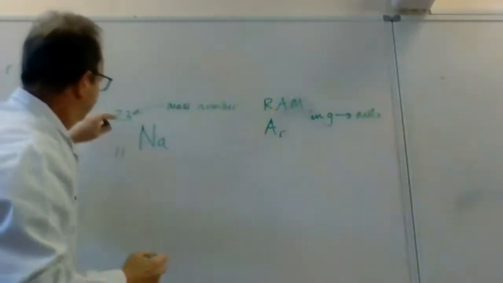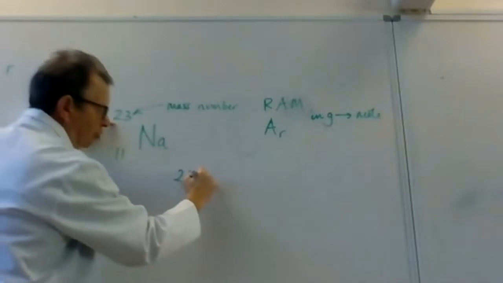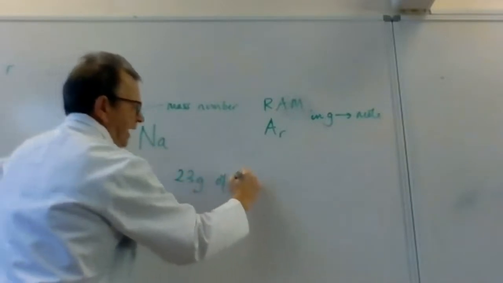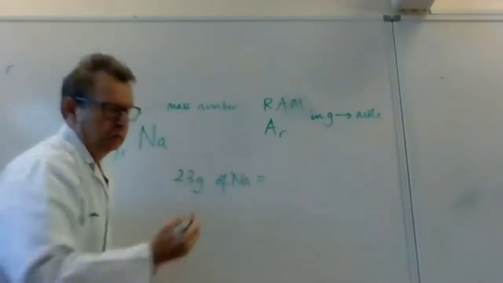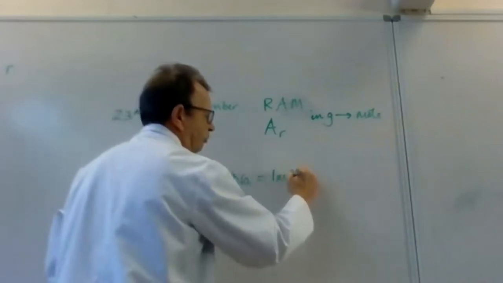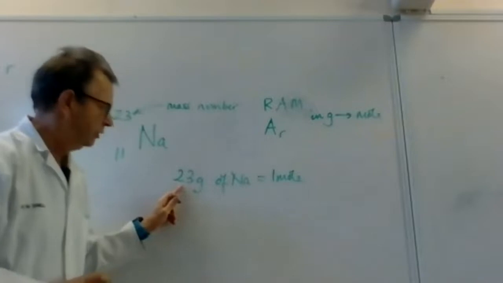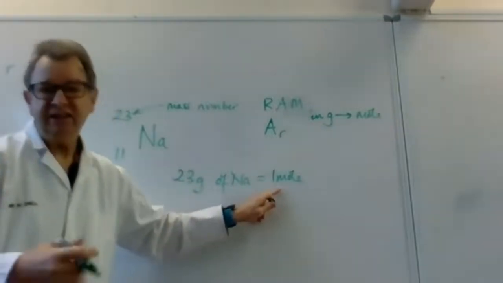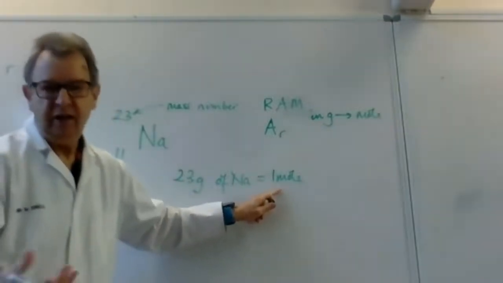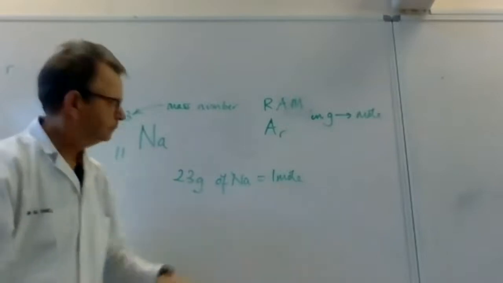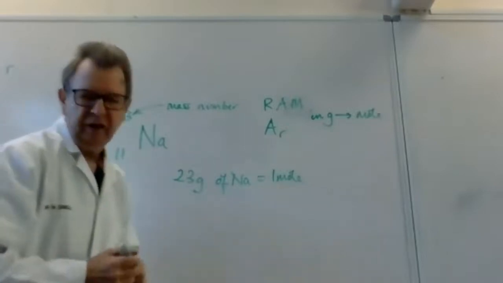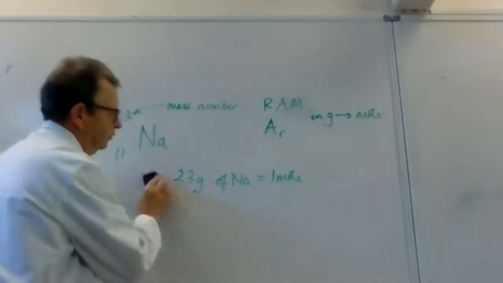So if I take 23 grams of Na, that is 1 mole. That's easy, okay. And you probably know that. So in 23 grams of sodium, we would have 600,000 million atoms of sodium.